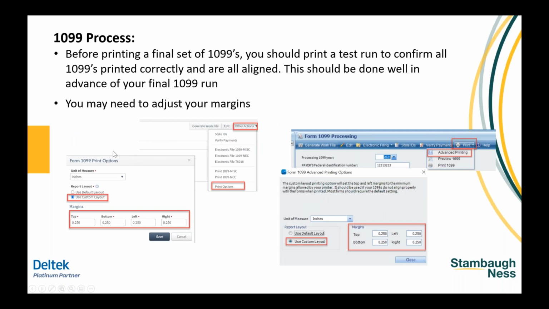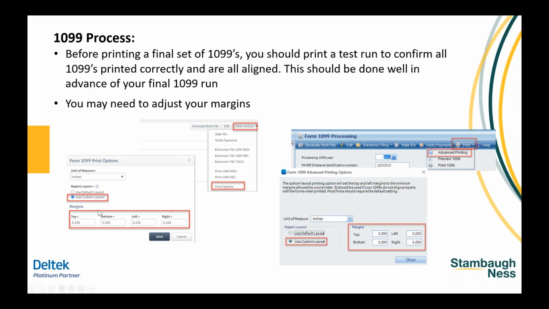There is some flexibility to adjust your forms for margins. It's always under Print, Advanced Printing in Vision, and for Vantagepoint, I love Other Actions. Whenever I can't find an option, I usually click on Other Actions, and I usually see a few extra options there that I would not anticipate.